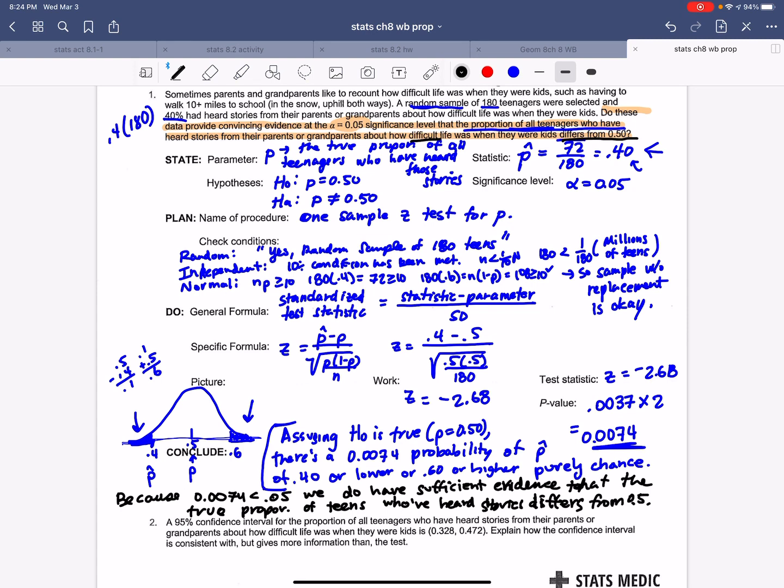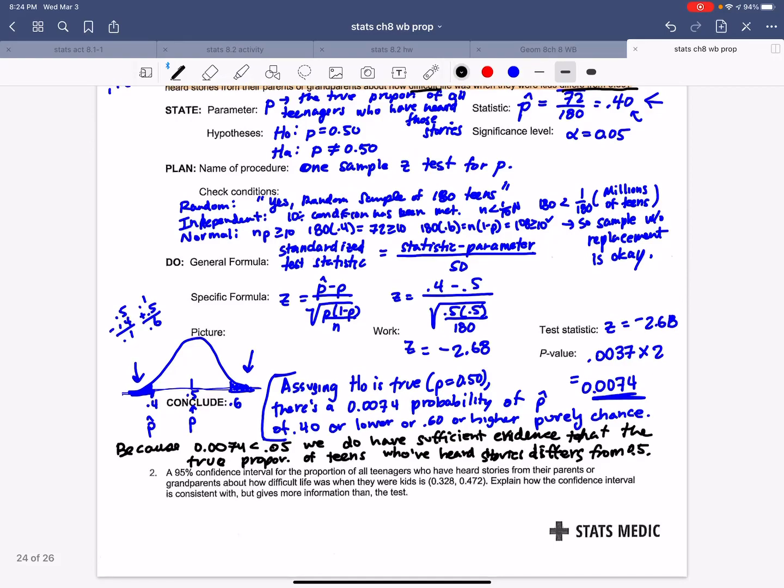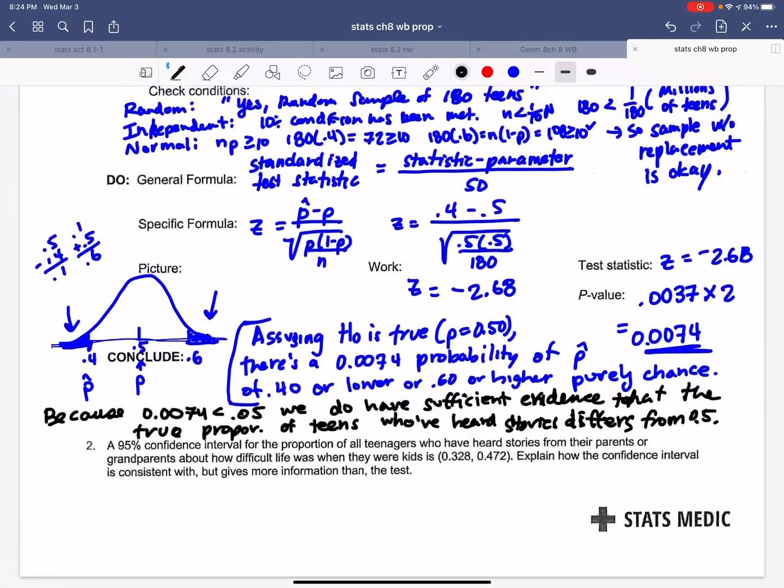Okay. Now, what does part 2 say? Well, it essentially says a 95% confidence interval for the proportion of all teenagers who have heard stories from their parents or grandparents about how difficult life was when they were kids is this. So do you see 0.5 within the interval of plausible values?